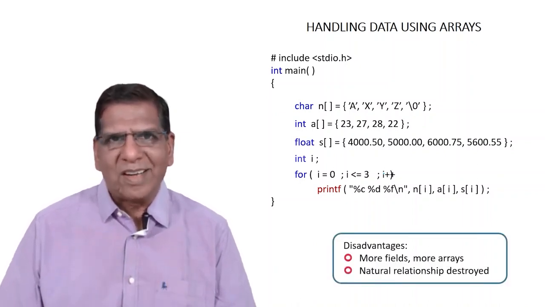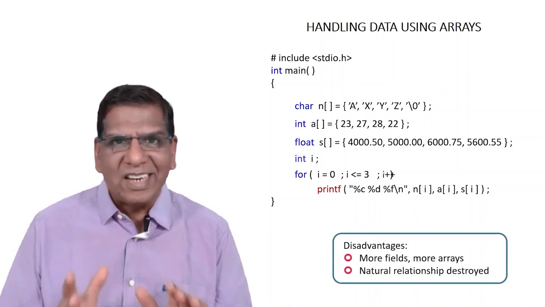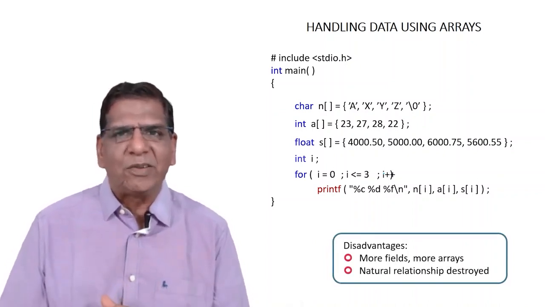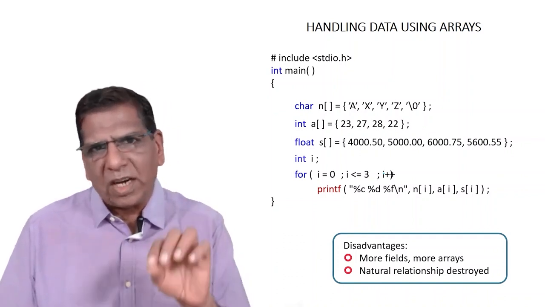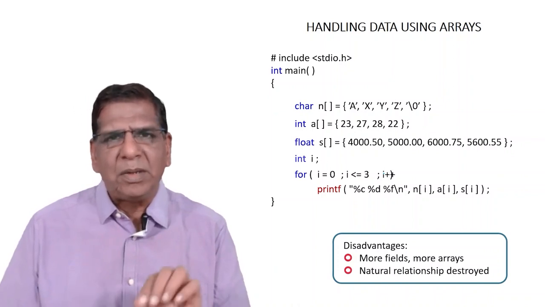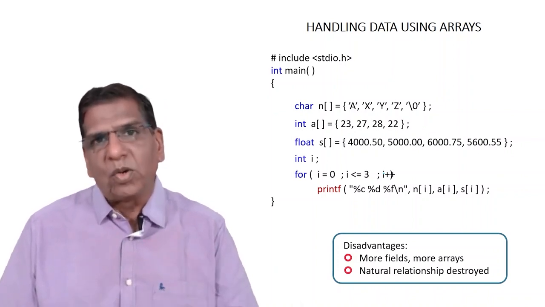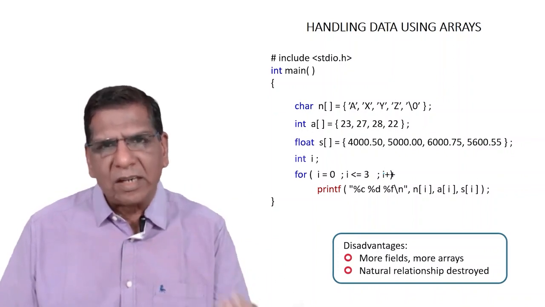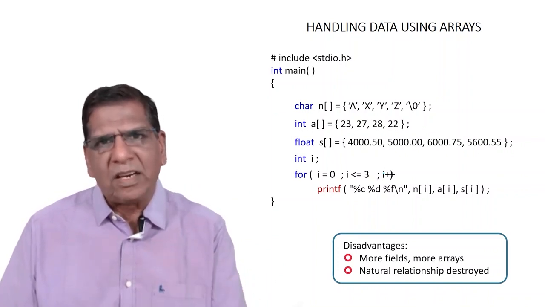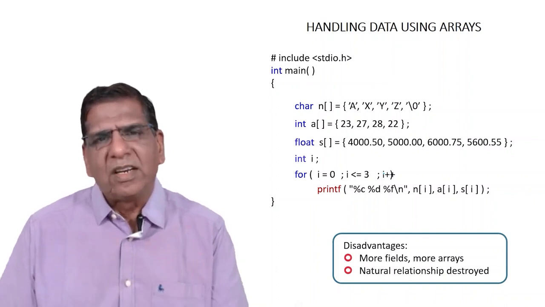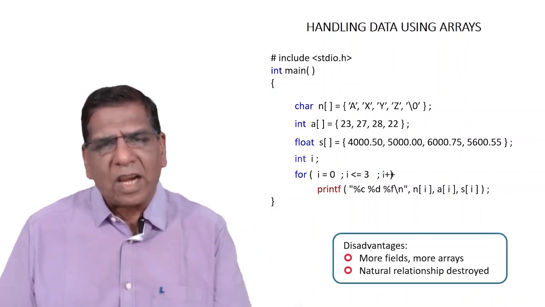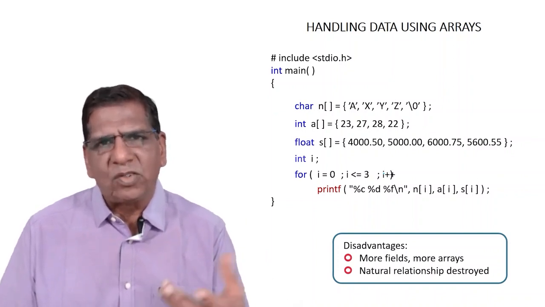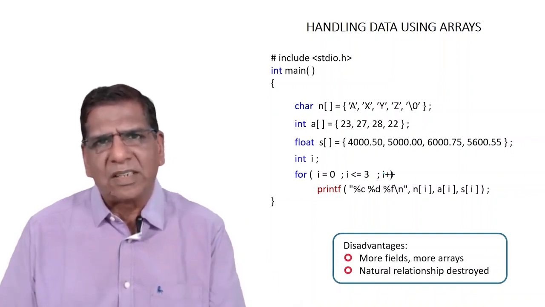However, there are certain inherent disadvantages when we make use of an array. First disadvantage is today there are only 3 fields: name, age and salary. Tomorrow in the record we may have sex of the employee, address of the employee, basic salary, gross salary, different allowances that the employee gets in salary, HRA, DA, CA, so on and so forth, income tax deduction.